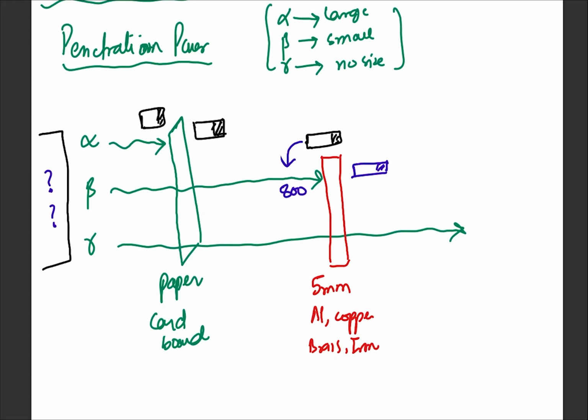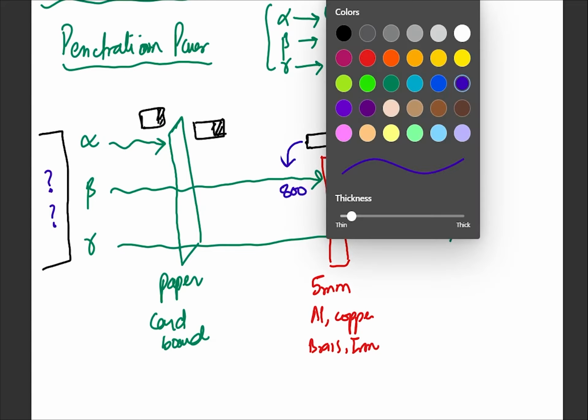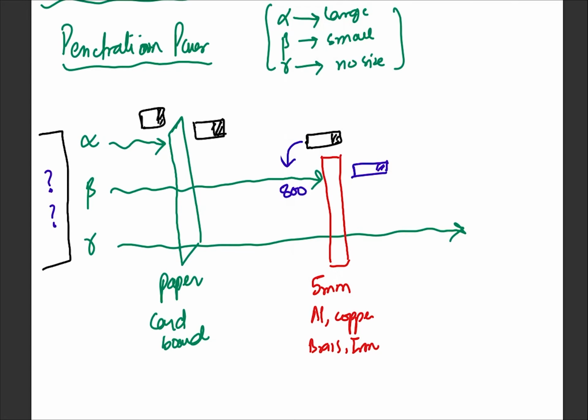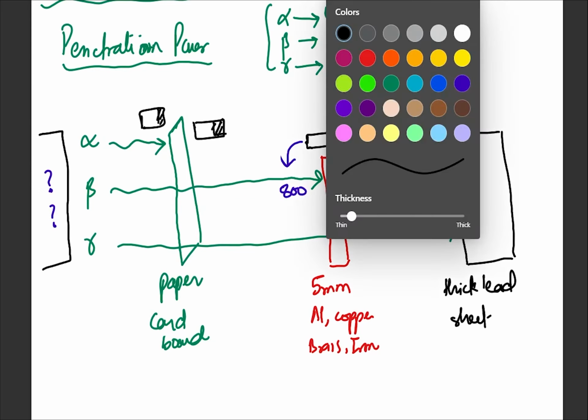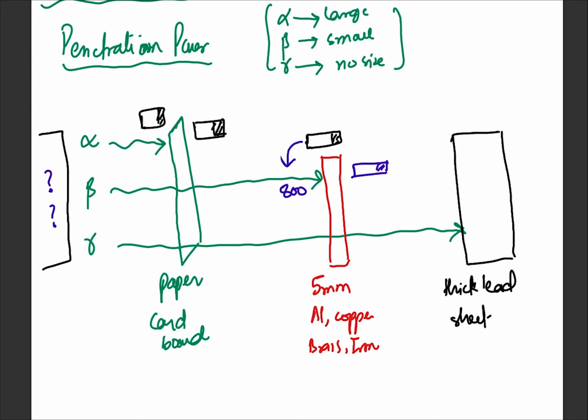If we still don't get a reduction in value, that means there must be another radiation, that is gamma radiation, which we test at the end by placing a thick lead sheet. There is no specific thickness. Up to O levels and IGCSE, a thick lead sheet would generally stop the gamma radiation completely.